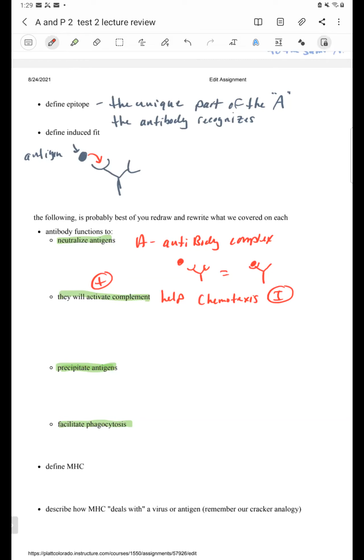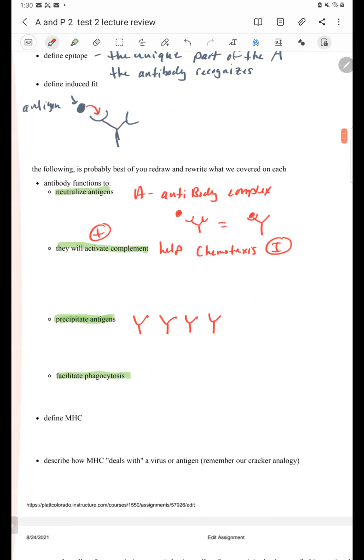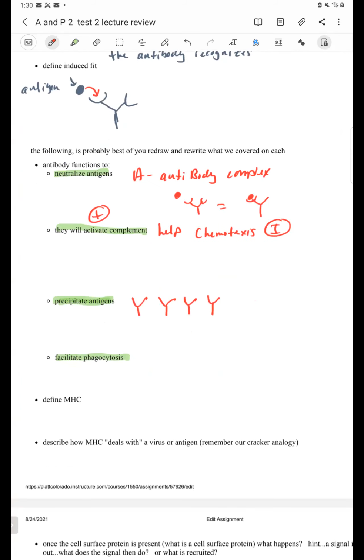And then the third part there, the precipitating of antigens, has to do with numerous antibodies that will bind to the same antigen. So lots and lots of these guys will come in and bind to the antigen, and then that begins the phagocytosis process, right, where your big eaters come in.